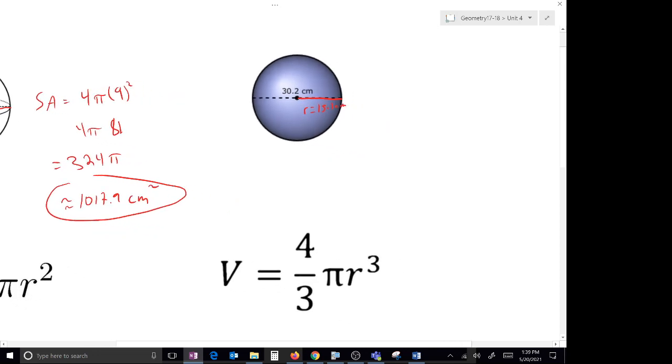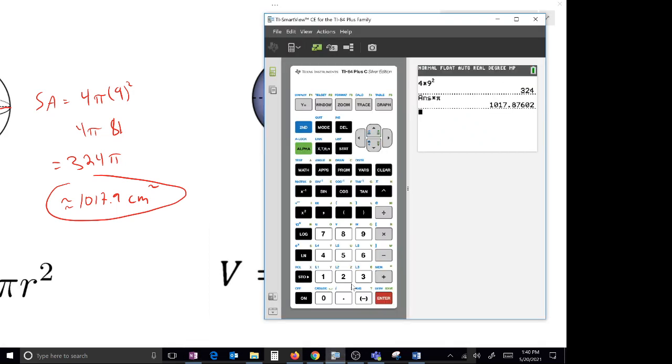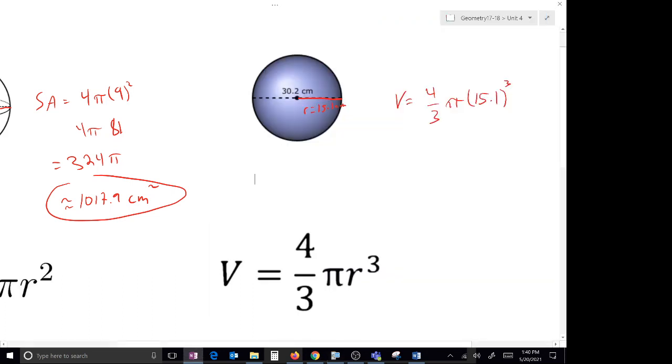So we'll go ahead and plug that into our volume. 15.1 raised to the third power is about 3443.